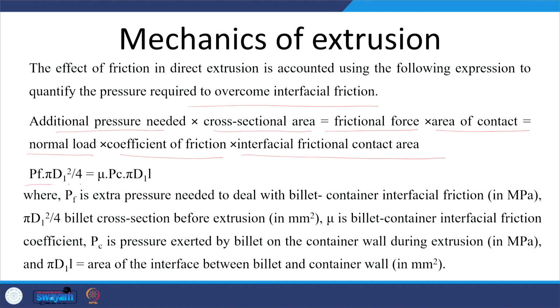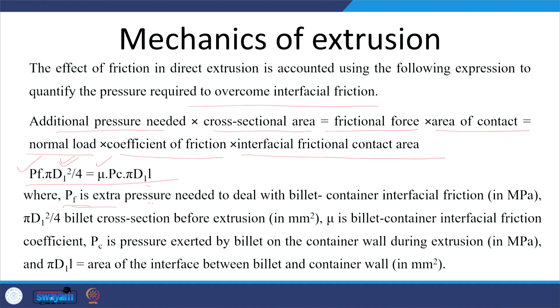So, when these are equated, we get PF, that is the additional pressure needed on account of the friction. Pi d1 square by 4 is the initial cross sectional area, and mu is the interfacial friction.